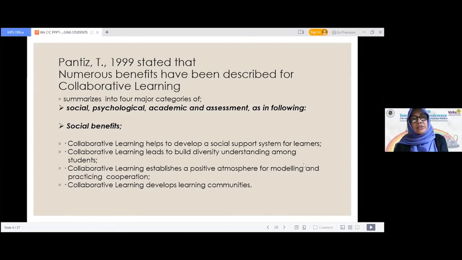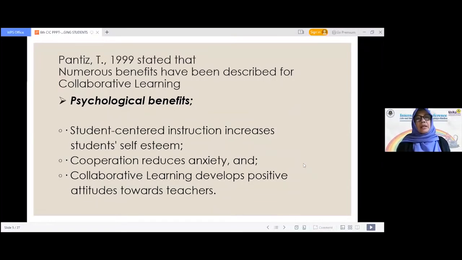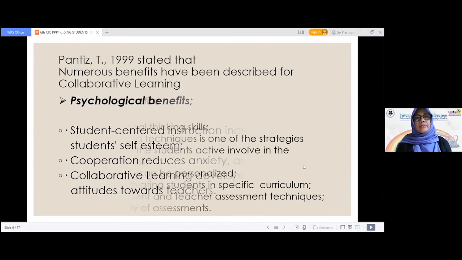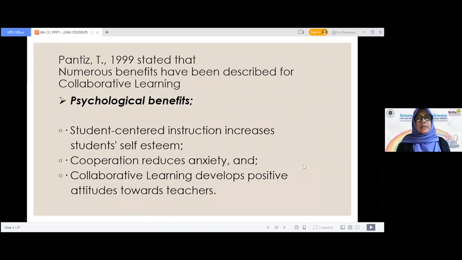And for the last social benefit, collaborative learning develops learning communities. And for the psychological benefits, student-centered instruction increases student self-esteem, meaning that students are active and participate and also are creative and innovative, and those characters develop students' self-esteem.